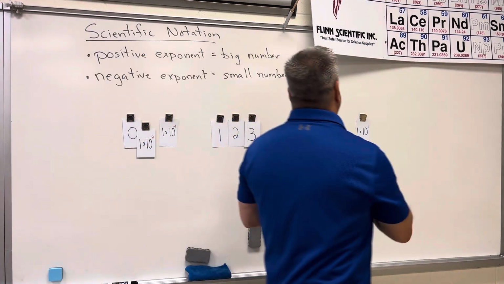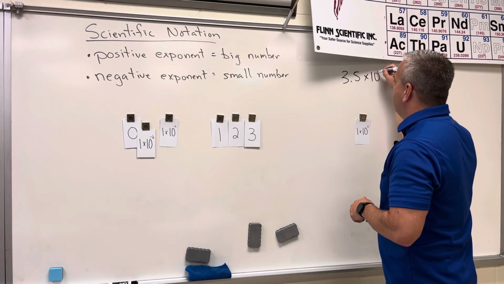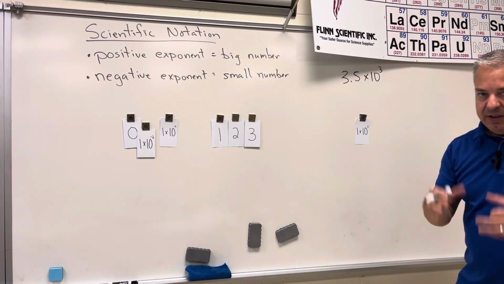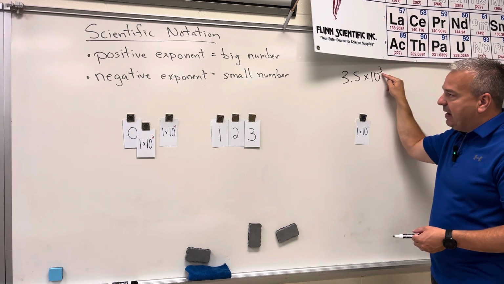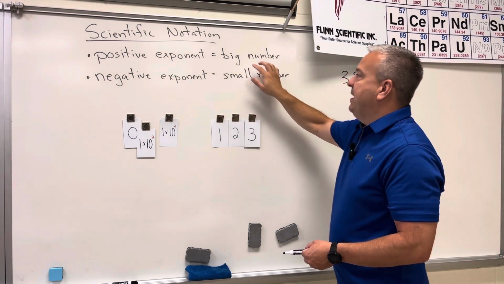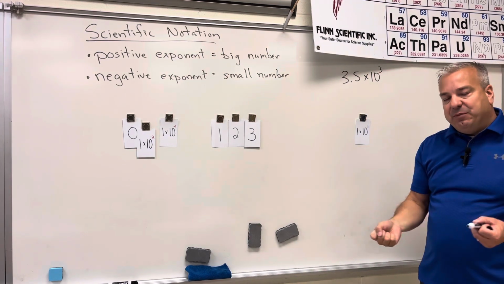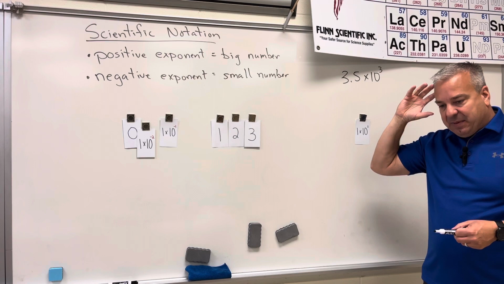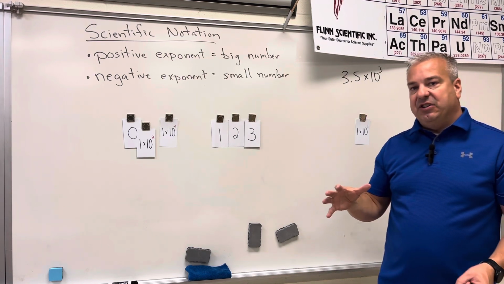Let's say I had the number 3.5 times 10 to the third power. The first thing I'm going to do is look at that exponent, and it says, hey, that's a positive exponent, so I've got to make this a bigger number. The reason I'm teaching it this way is because I want you to think about this conceptually, and I don't want you to learn this from a memorization point of view.